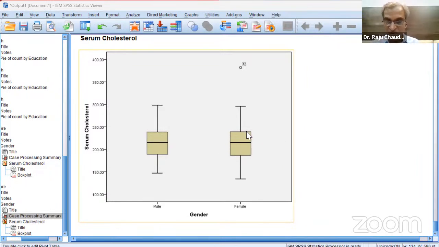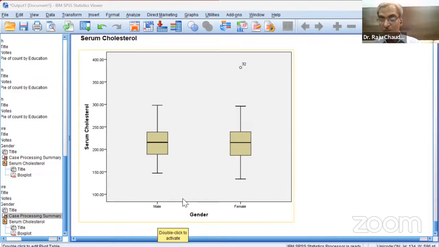You can see the two box plots are more or less similar. That means serum cholesterol for male and female, the range and the symmetry is almost similar. But in a female, there is one observation which is an outlier. And what is this 32?